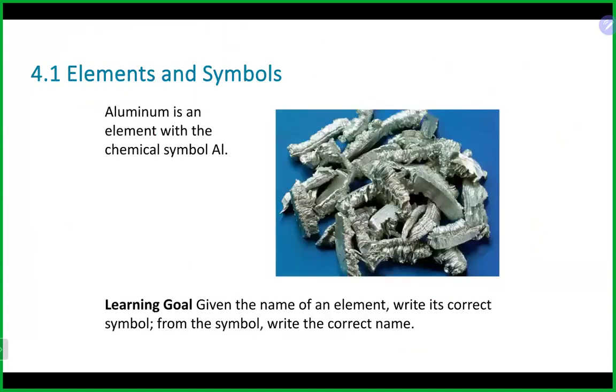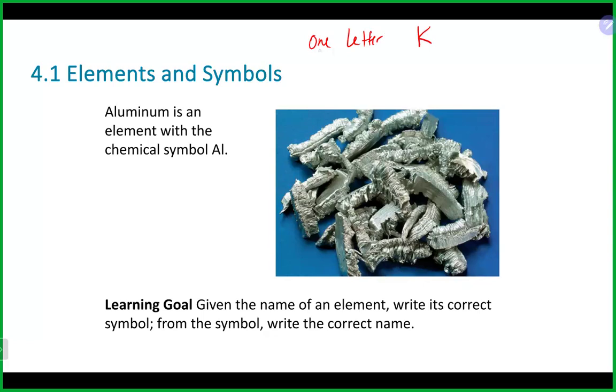Now, when we write elements, we typically refer to them by their symbols, which is what you see on the periodic table, for example. Depending on the element, you will either see a one-letter symbol or a two-letter symbol. If it is a one-letter symbol, it should always be capitalized. So if you have something like potassium, which is K, the K should always be a capital K. Any one-letter symbol should be capitalized.